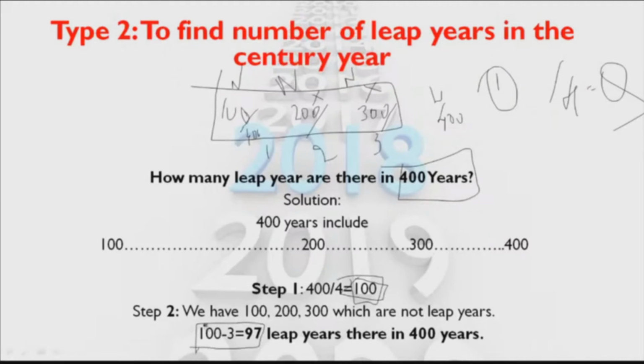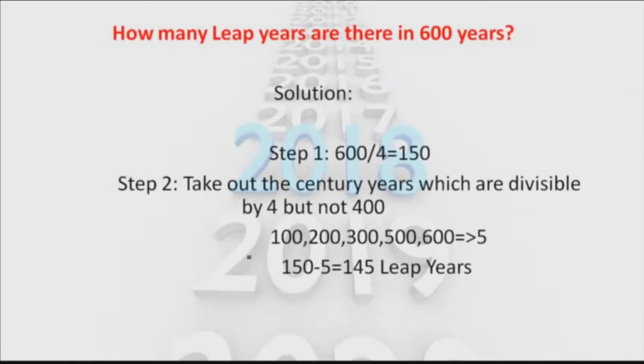I'll solve one more problem for you all. Even after that, if you have any doubts, you can ask me. Okay, we have the next problem here: how many leap years are there in 600 years? So you have your first step, which is the given year by 4, and you get 150. Now when I say 600 years, you have 100, 200, 300, 400, 500, 600.